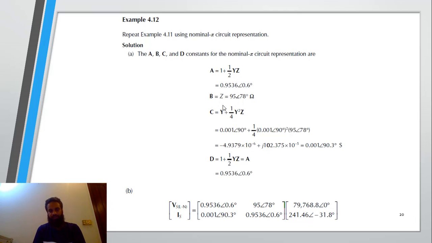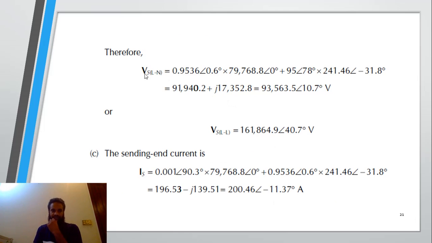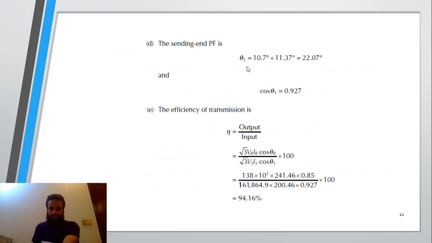Similarly, we can find B, C and D. By finding all these values, the overall matrix would be like this one. From this matrix we can find the sending end voltage, the sending end current, and theta. Similarly, we can find the efficiency.